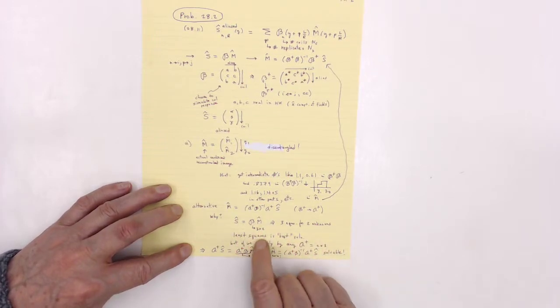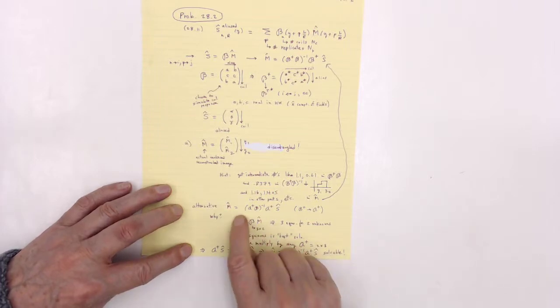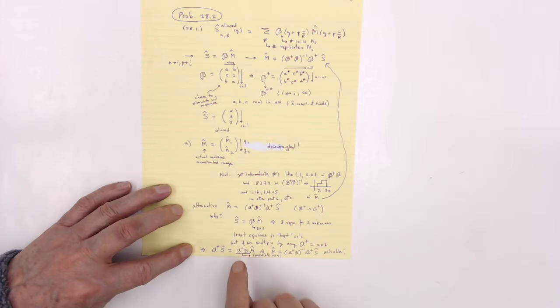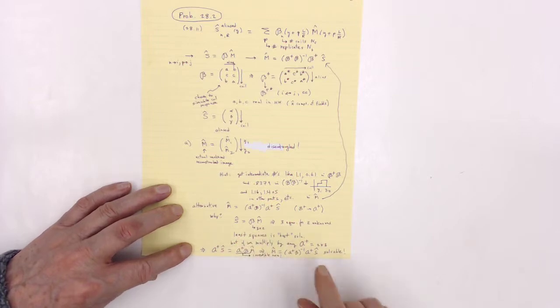The least squares is the best solution. But if we multiply by any A dagger of this, now we get something that's a 2x2 again. A dagger B, B is a 2x2, and you can invert it. And so this was just kind of a handy-dandy way to get any other solution in general.